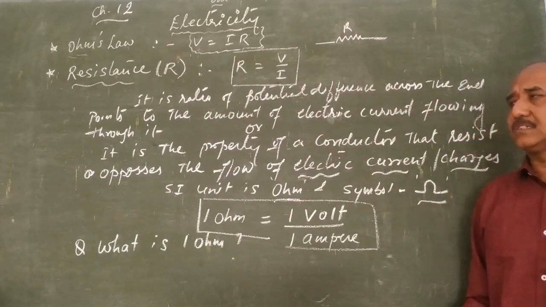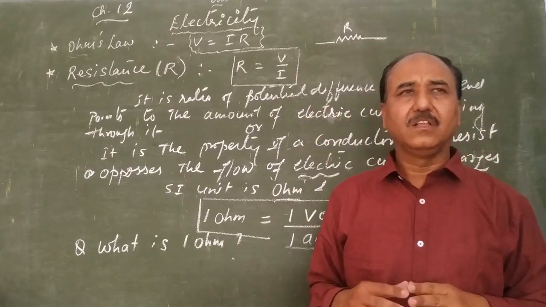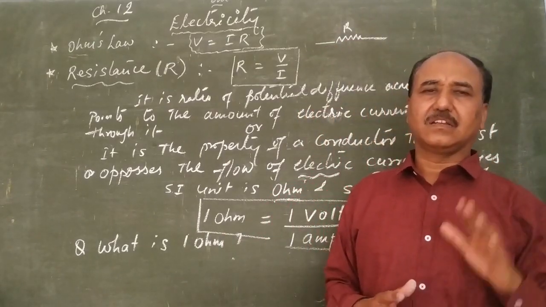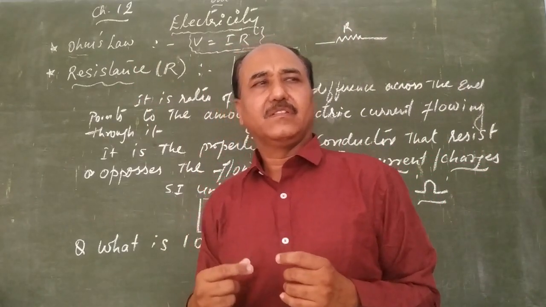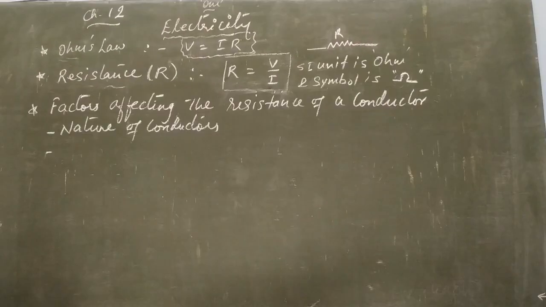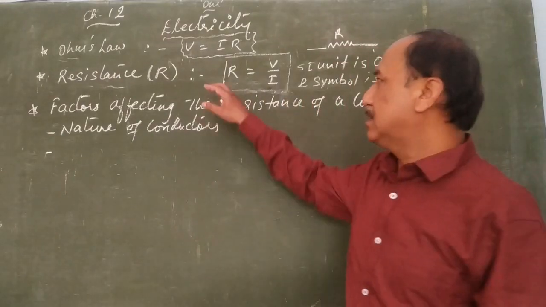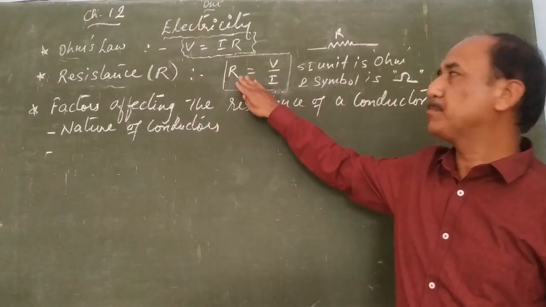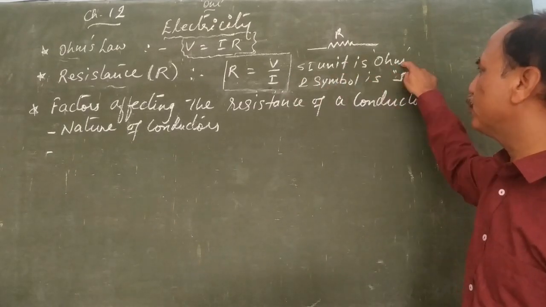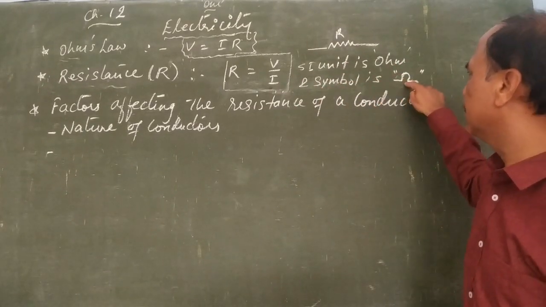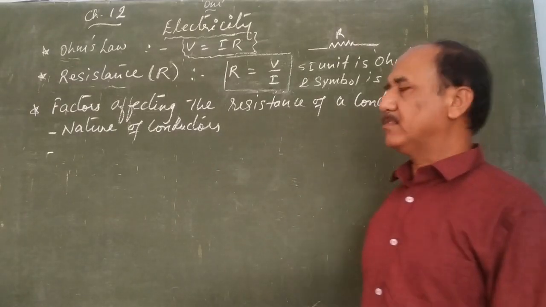Now this resistance has certain factors. It's a very important part now. There are 4 factors that affect the resistance of a conductor, which we will study after this. So this resistance given by R = V by I, has SI unit ohm and the symbol is given here.